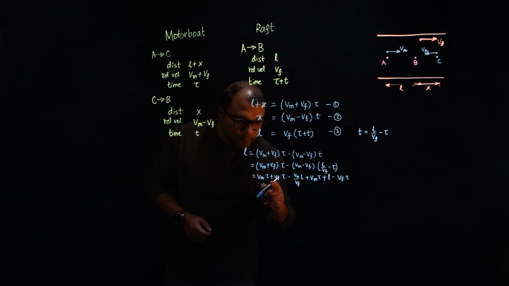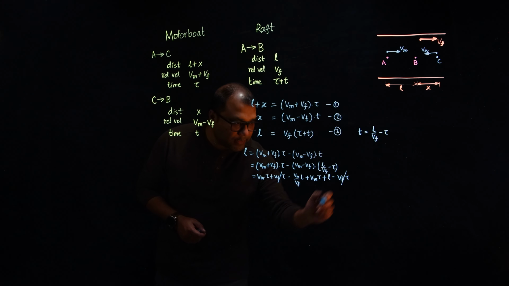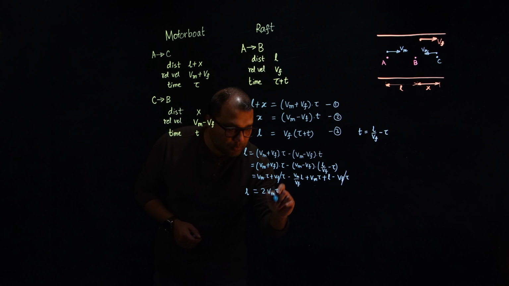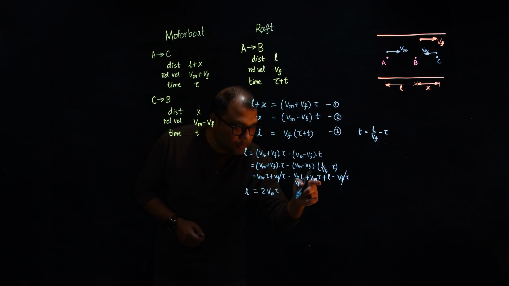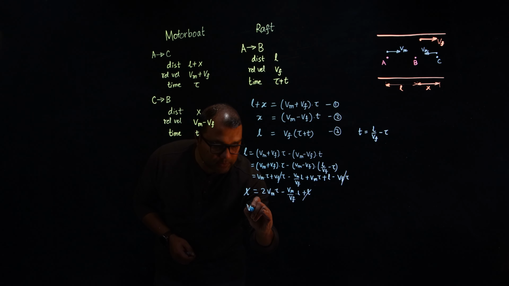Now Vf tau and minus Vf tau cancel out, and we can write L equals 2 Vm tau, minus Vm by Vf L plus L. Now both these sides L we can cancel out, bring this term to the other side.